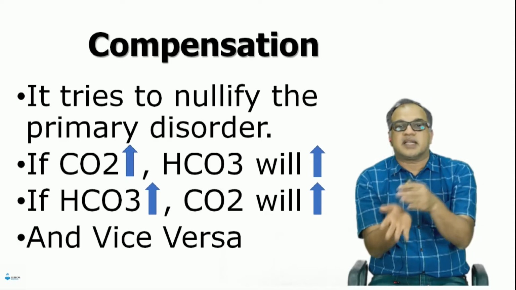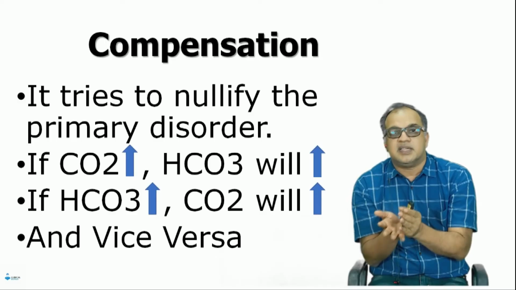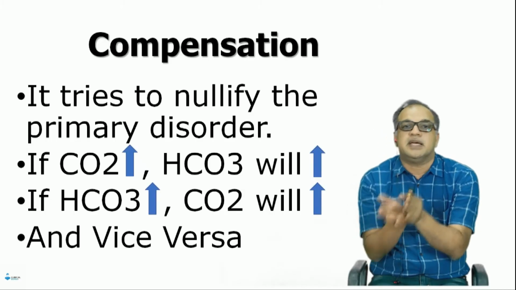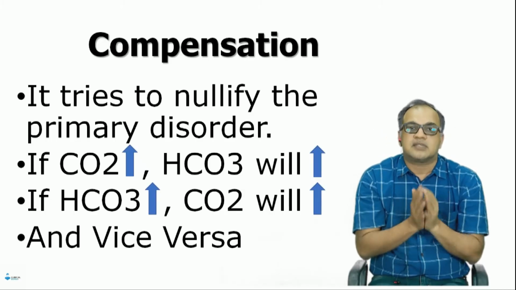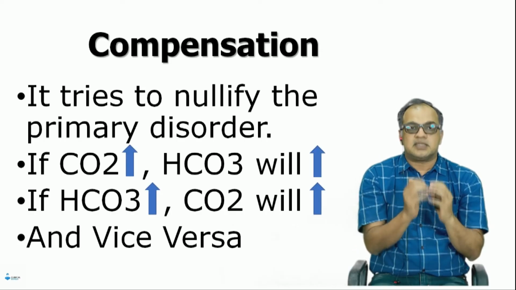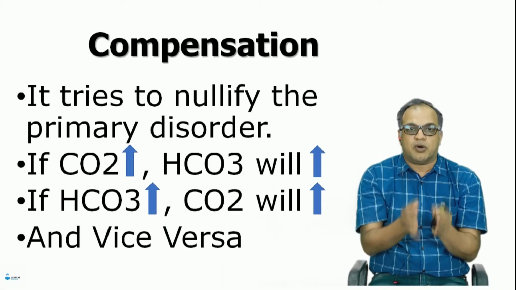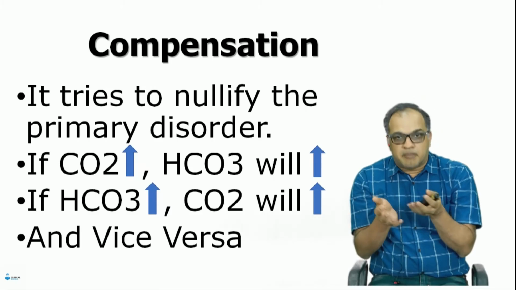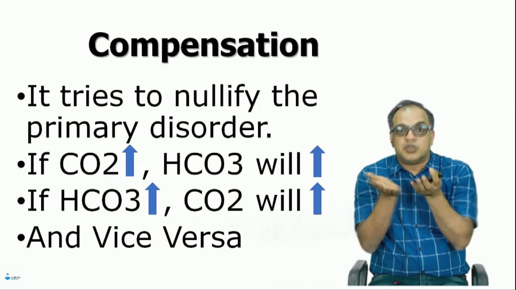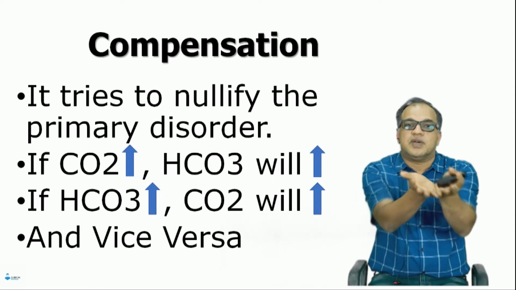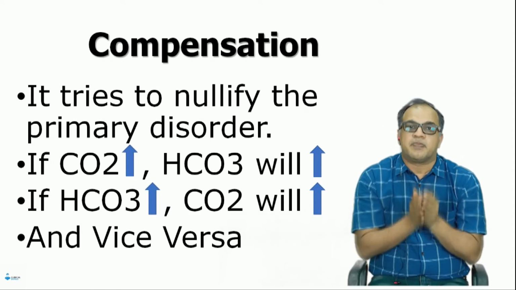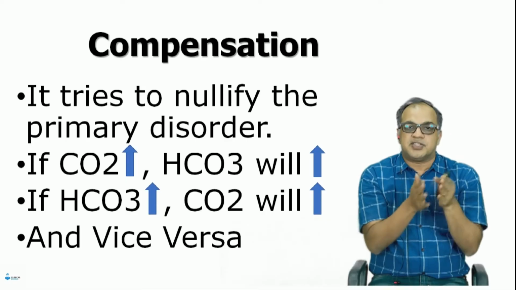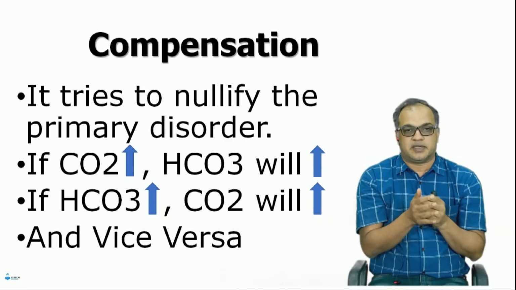That will be the secondary, compensatory change to try to bring the pH towards normal. That is compensation. CO2 increased, it caused acidosis, but the body is obsessed with normal pH. So bicarbonate will also increase to try to bring the pH towards normal. That is compensation.